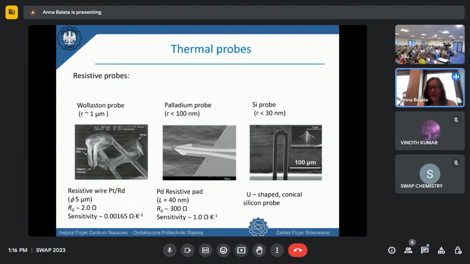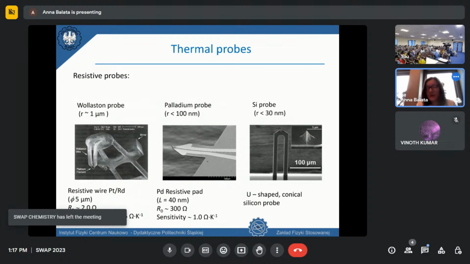In the case of the palladium probe, the active element is just a palladium resistive pad deposited near the apex, and the spatial resolution is better than 100 nanometers. And the last type is a U-shaped conical silicon probe. This is the junction of silicon and doped silicon to obtain a tip.